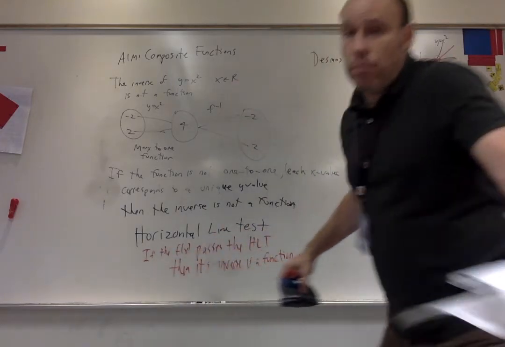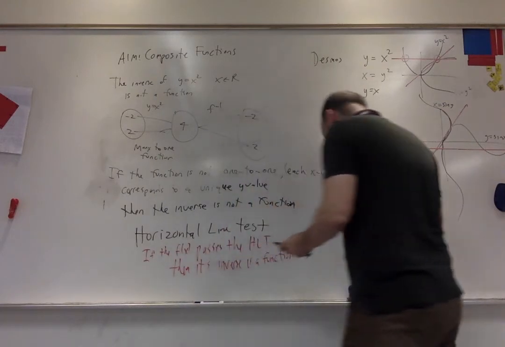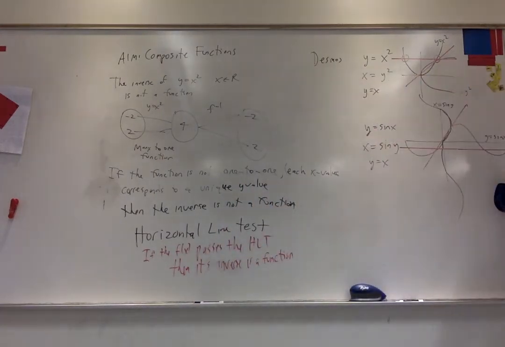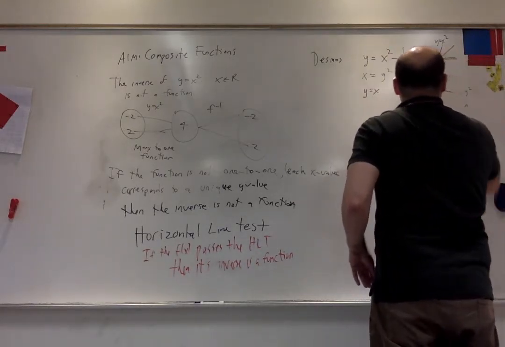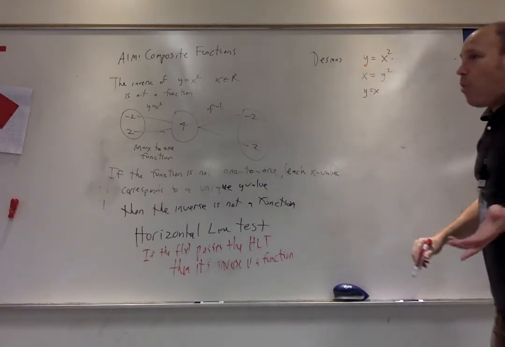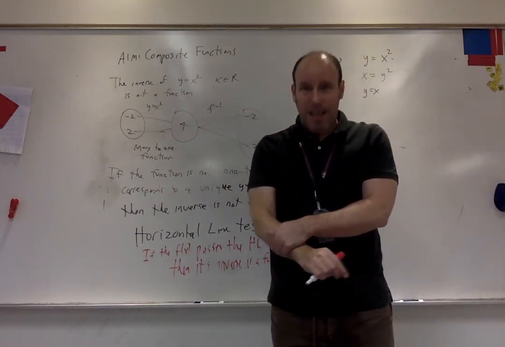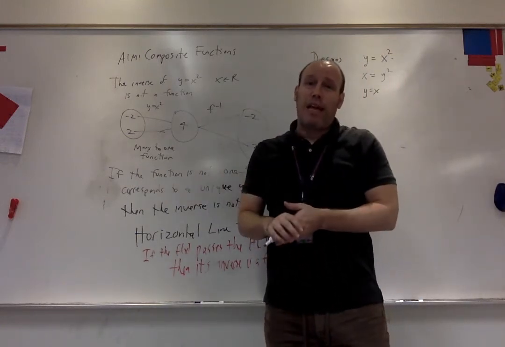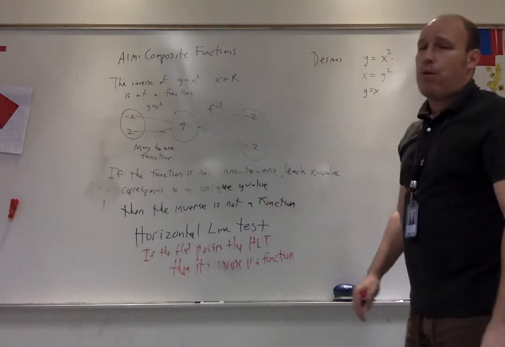This is something we're going to need to think about a little bit, not a big deal. The question is, what can we do to the parabola so that when we reflect it over the line y equals x, its reflection is a function? It turns out we restrict the domain.